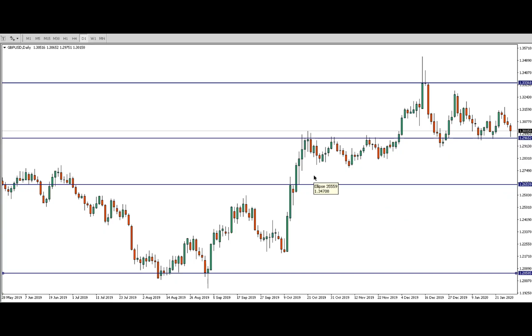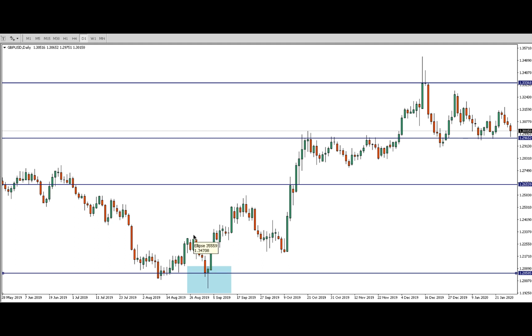Here we are at our Great Britain pound US dollar chart, and we have a few samples that are very clear. First, let's look at a couple of samples of price rejection, when resistance and support actually work as such. For example, we have this one here that is very clear.